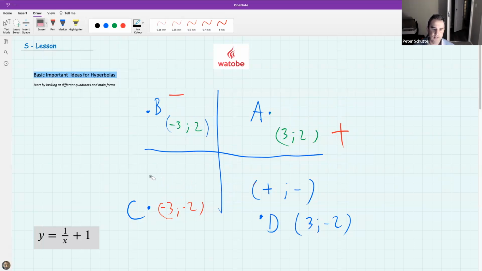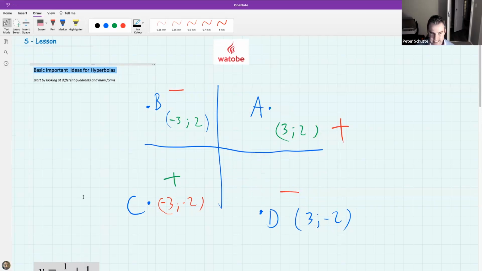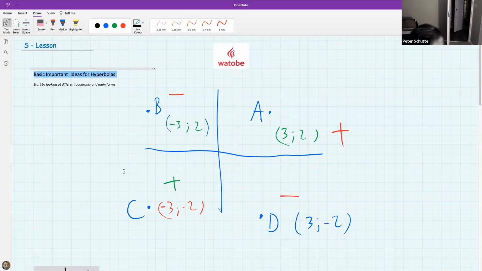And what sign would I get for point C, the negative times the negative? I would get a positive. And what about D? What would I get if I multiplied the coordinates of point D together? I'd get negative.